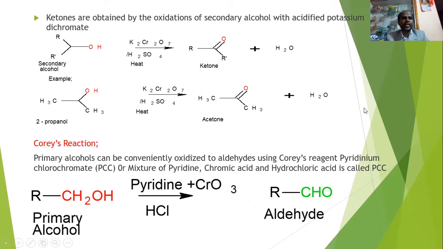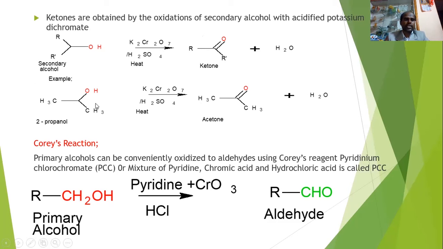Suppose you are taking a secondary alcohol with acidified potassium dichromate, then we will end up with ketone. So that means ketones are obtained starting with a secondary alcohol. This will be a general reaction, and this will be an example.